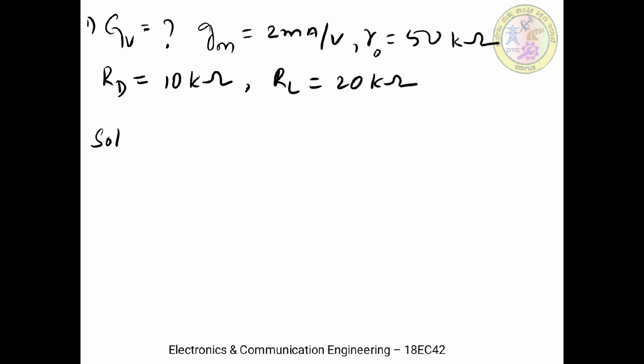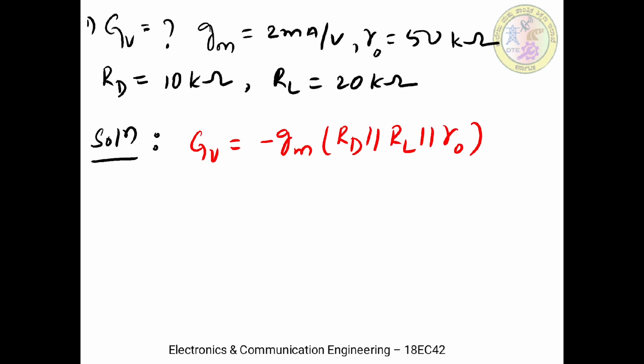In the solution you can directly write the expression. We have to find the overall voltage gain, so we know that it is given by GV equal to minus GM into RD parallel with RL parallel with R naught.